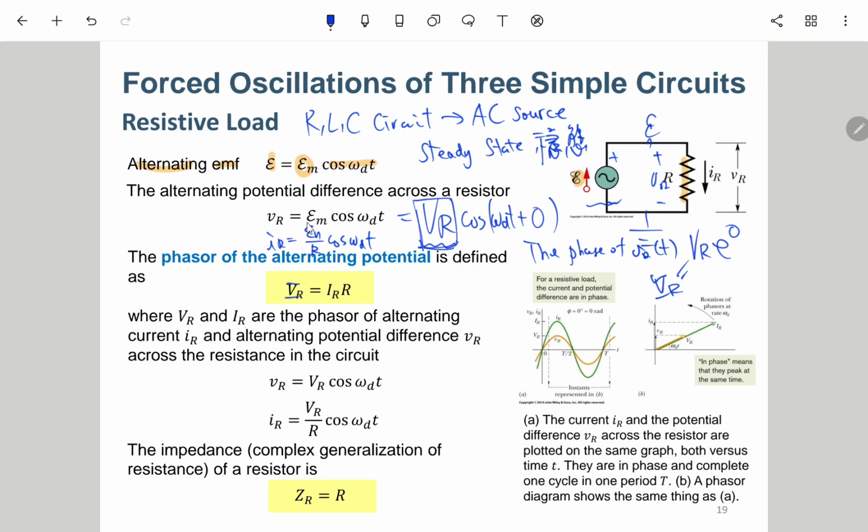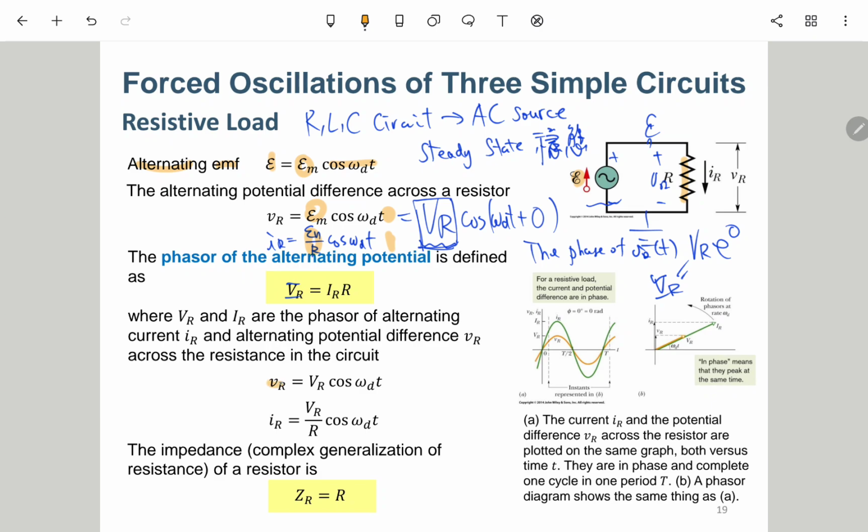Because we will just convert this V R to be EM exponential to 0, and then we will just consider the magnitude here, and also the phase here, to become the phasor of V R. Okay, also the I R is something like this. The amplitude here and also the phase here become the phasor.